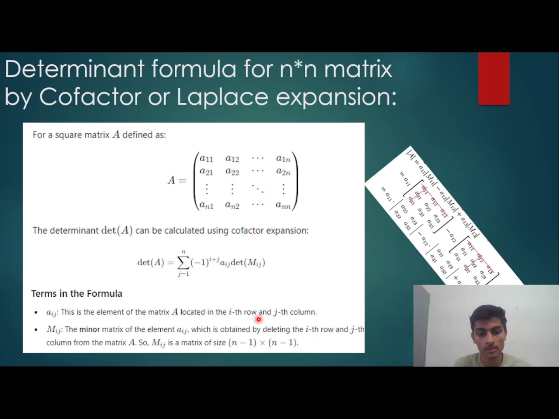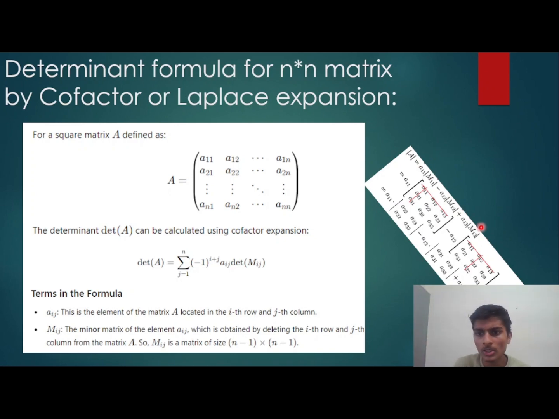What is the minor matrix? The minor matrix is the matrix formed after removing the ith row and the jth column, or we can say the matrix formed by removing the row and column of the particular element. For example, for this 3 cross 3 matrix, we are expanding across the first row.